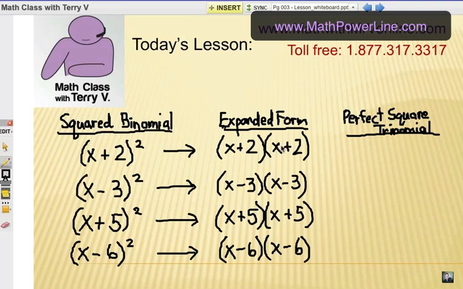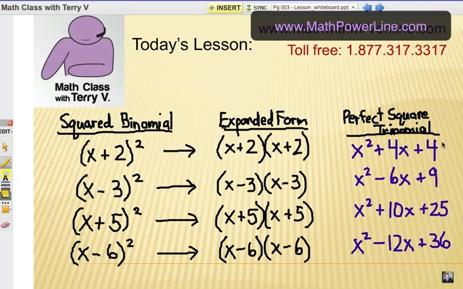Now let's multiply that out using the FOIL method and create what's called a perfect square trinomial. This gives us x squared plus 4x plus 4. Now x minus 3 quantity squared gives x squared minus 6x plus 9. Then I have x squared plus 10x plus 25, and x squared minus 12x plus 36.